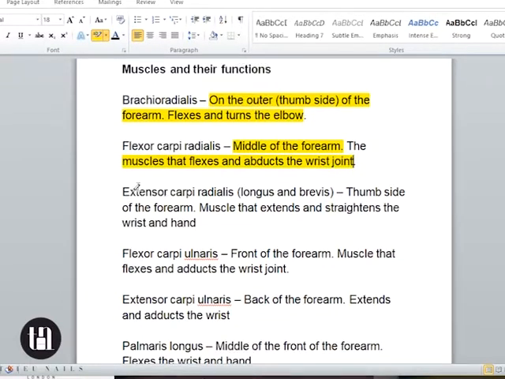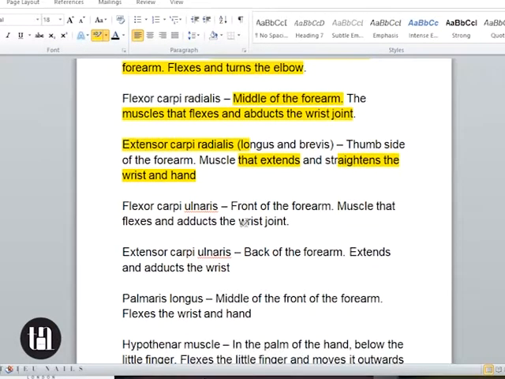Then have the extensor carpi radialis brevis, the thumb side of the forearm, which extends the muscles and straightens the wrist and hand. You have the flexor carpi ulnaris, so it's the front of the forearm, and a different color.